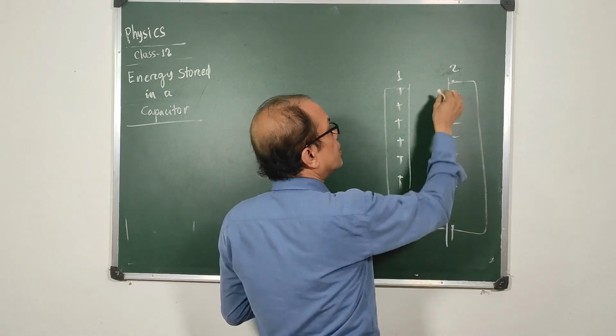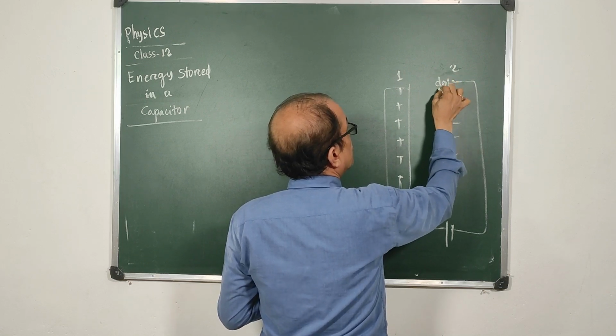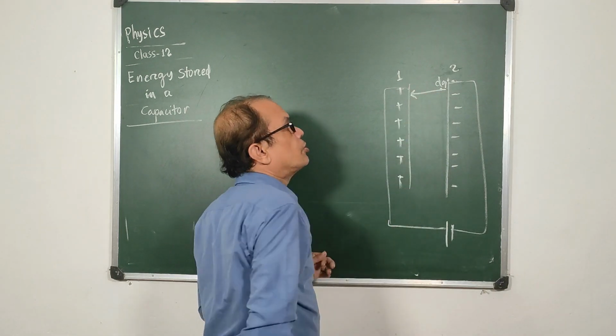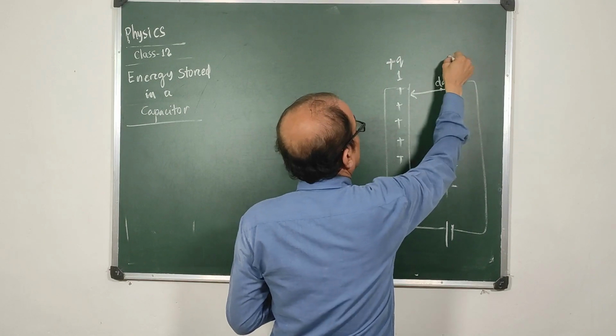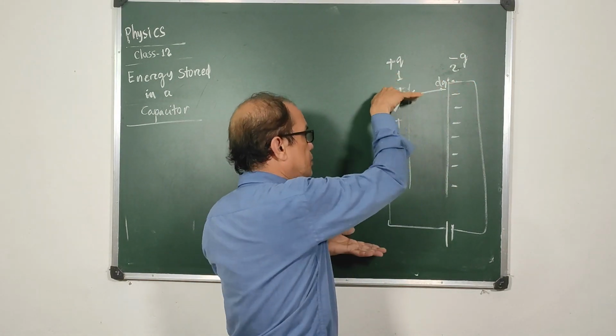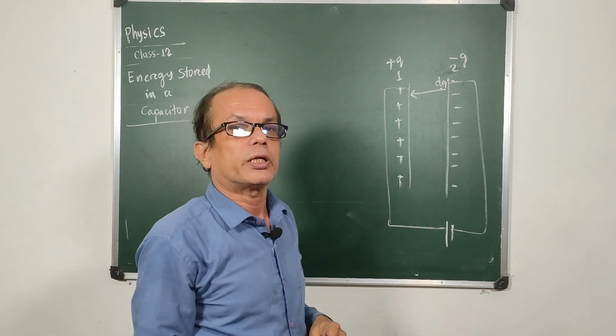So what is happening? A small charge dq is getting transferred from this plate to that plate. So when charge gradually gets transferred, this plate gets more and more positively charged, while this plate becomes more and more negatively charged.